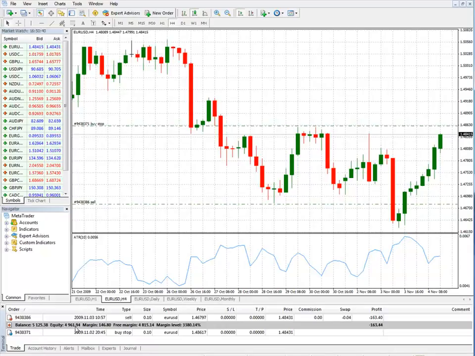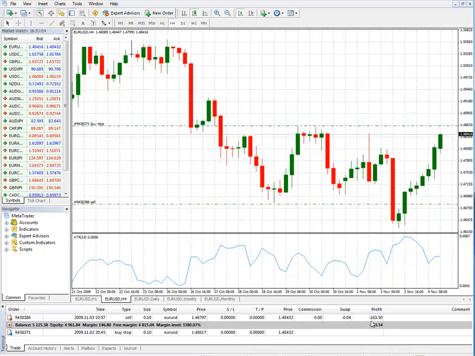So that in and of itself is something that we need to digest, and it's important. Now, it may not sound that important right now as we're working on a demo account, but believe me, when it is real money, it will be important. So treat it as if it is.